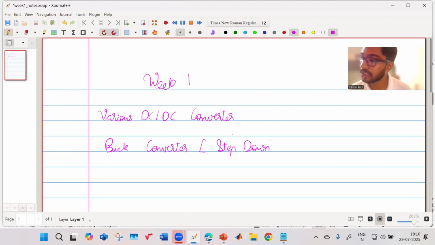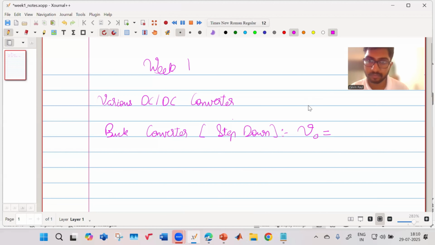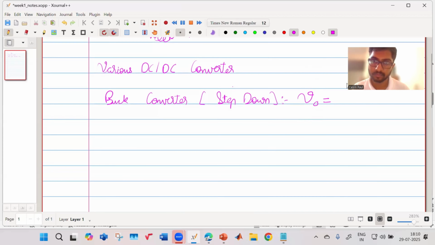And can you tell me what is the voltage gain expression, the expression between output and input voltages? Okay, yes, correct. So the output is equal to D into Vin.